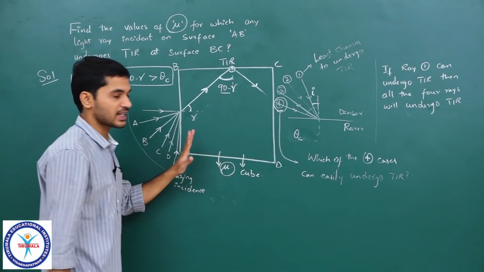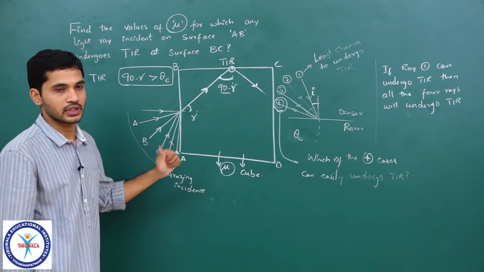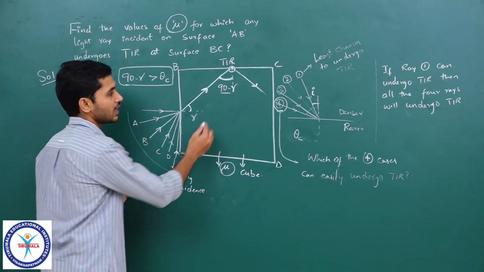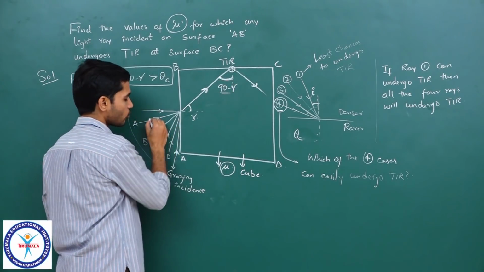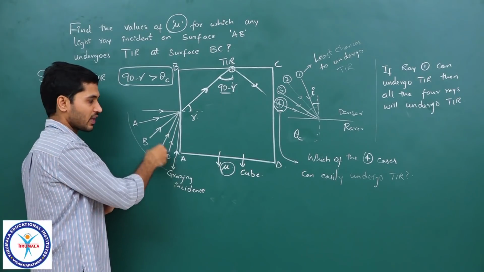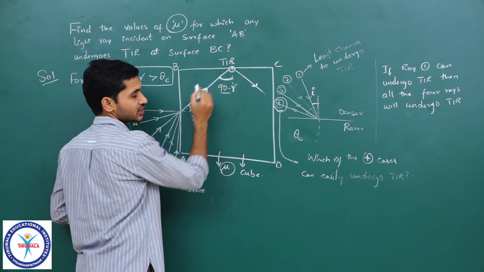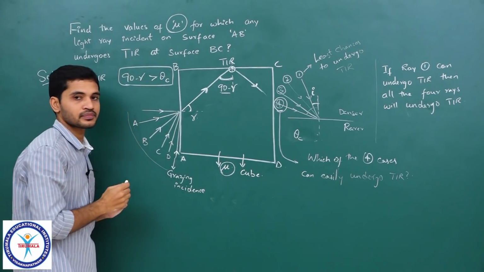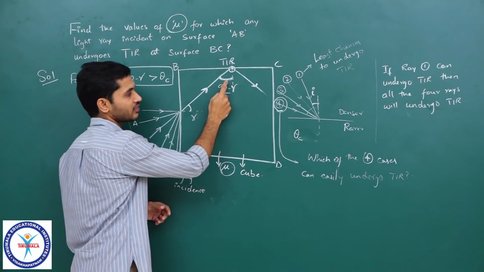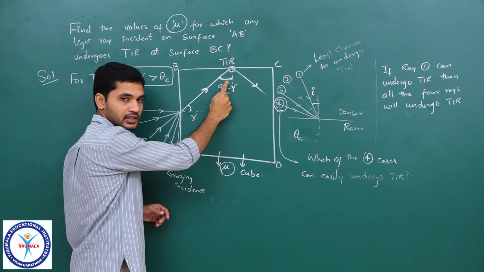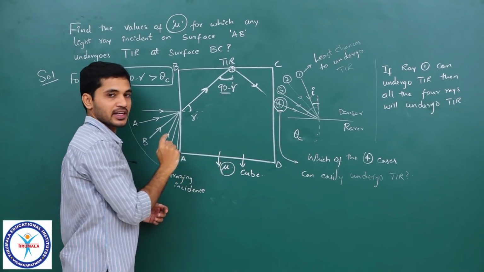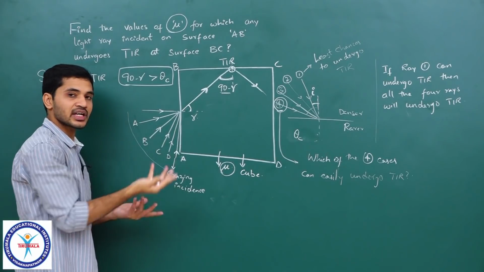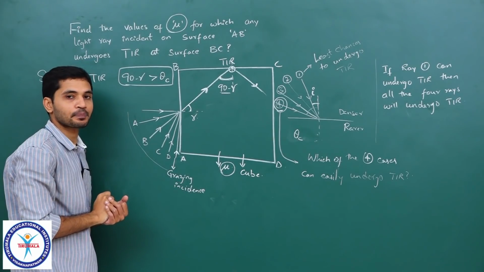So, that is exactly the concept I am going to use here. What I am going to see here is which of these 4 or infinite number of light rays, by the time it reaches here, makes the smallest angle of incidence. I will check that. If the light ray which makes the smallest angle here gets reflected back, can you say that each and every other light ray will reflect back?